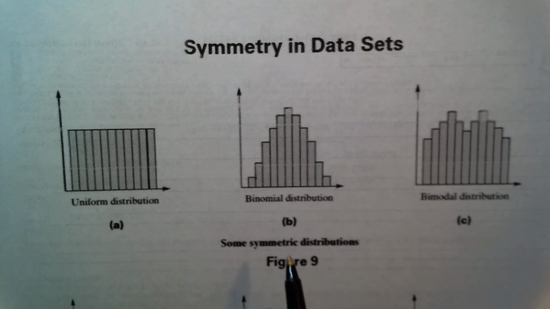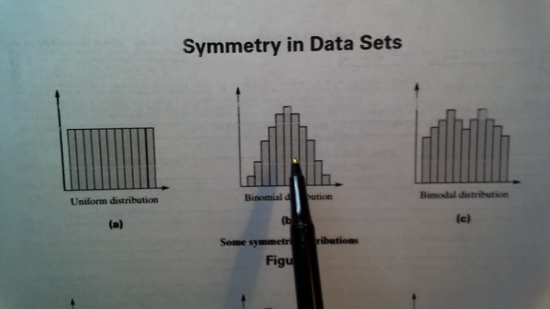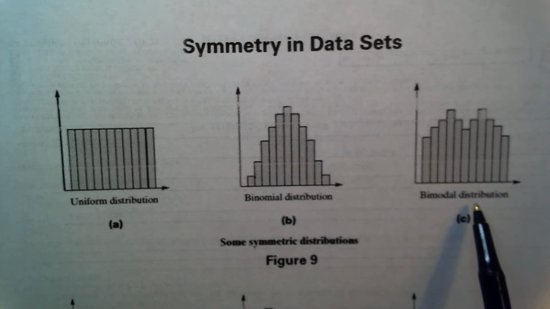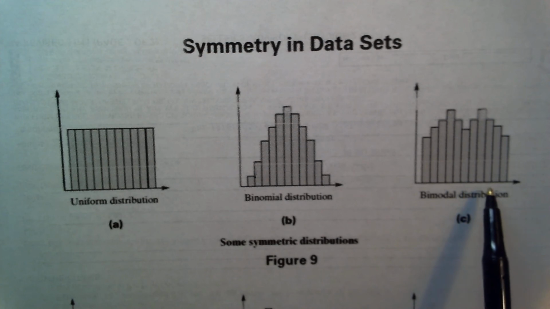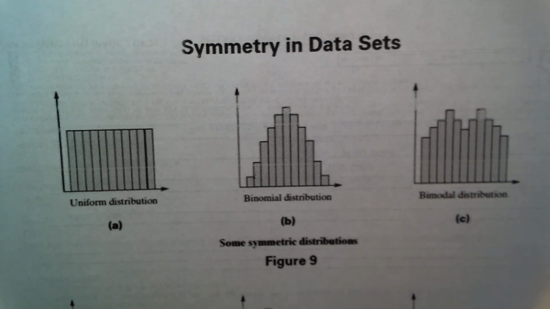And so it's a unimodal distribution, it's only one mode. Here is a bimodal distribution, and that's also symmetric with respect to its center, because the center is here. So it's a pretty easy thing to see whether a distribution is symmetric or not. And again, they're not exactly symmetric in most cases, but they're approximately symmetric.